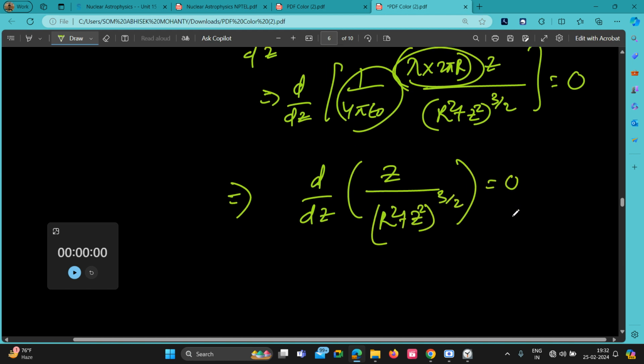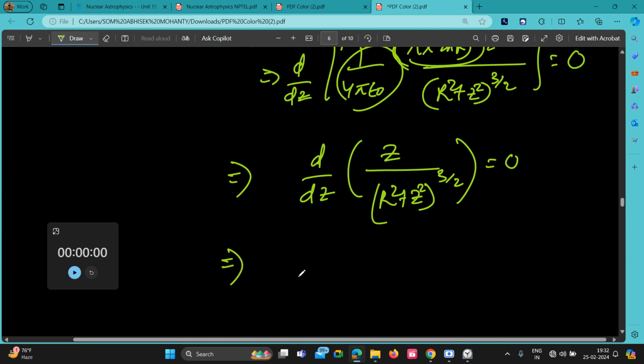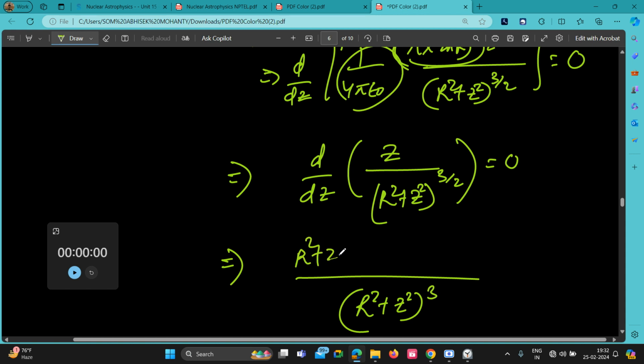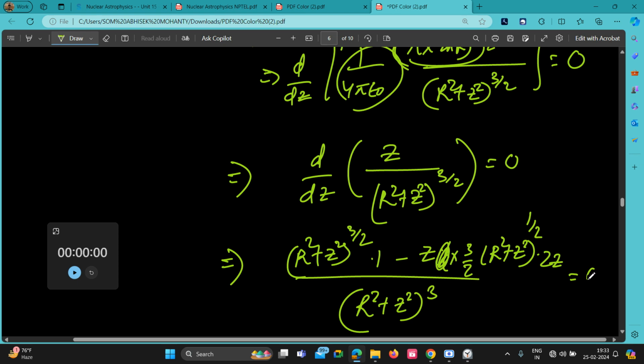Okay, if I take the derivative using the quotient rule: the denominator r square plus z square to the power 3 by 2, times dz by dz which is 1, minus z times the derivative of the denominator, which is 3 by 2 into r square plus z square to the power 3 by 2 minus 1, that is 1 by 2, into the derivative of the inner part, that is 2z, is equal to 0.